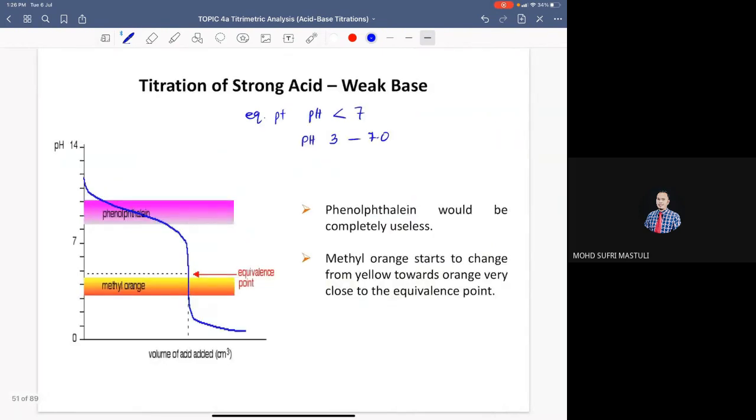So the phenolphthalein would be completely useless because, as you can see, the equivalent point where the indicator will change the color is less than 7. If we want to use phenolphthalein as an indicator, we cannot observe the color change because it's very far away from the equivalent point.